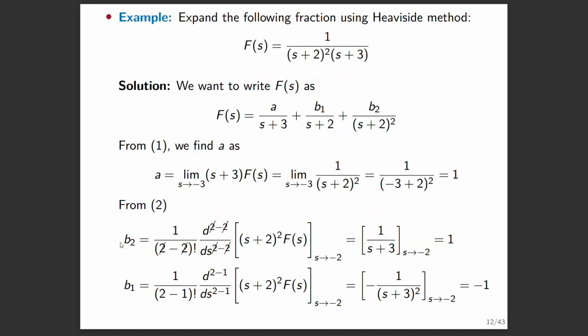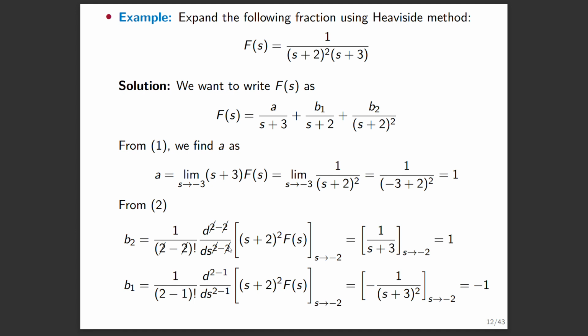So for B2, I would substitute inside. L is the counter. I'm going to have 1 divided by K minus L, so 2 minus 2 factorial, which is just 0 factorial, and we know that 0 factorial is 1. I'm going to have d to the 0 divided by ds to the 0. So what's the 0th derivative of something?